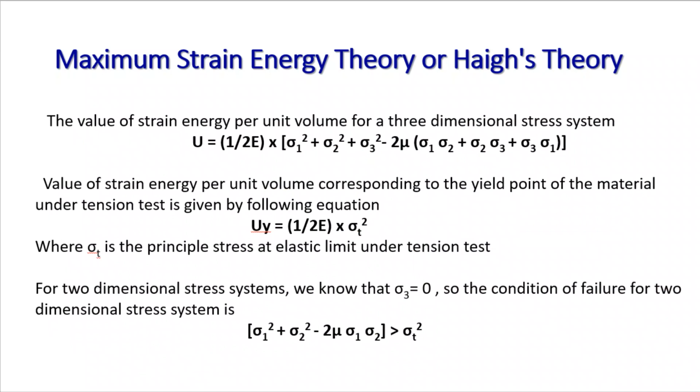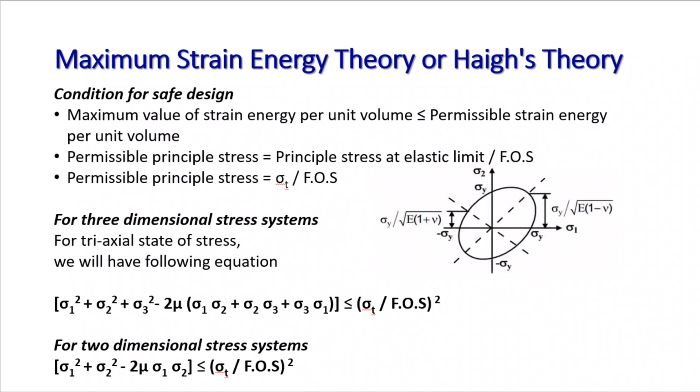To avoid this failure, we limit the maximum value of strain energy per unit volume under the permissible strain energy. What is the permissible strain energy? Principal stress at elastic limit divided by factor of safety. That is the permissible principal stress. When you apply that, what is the condition we get for safe design according to strain energy theory?